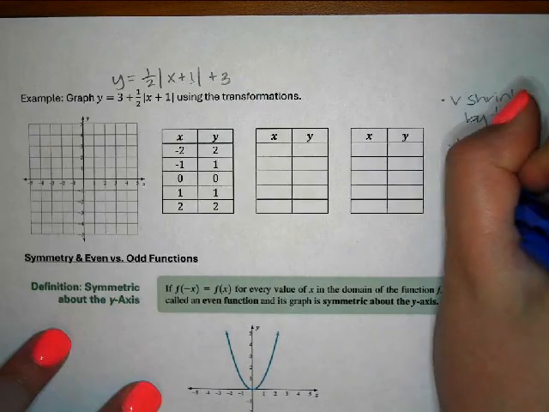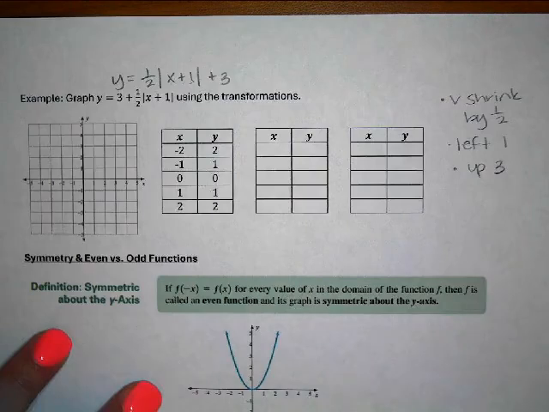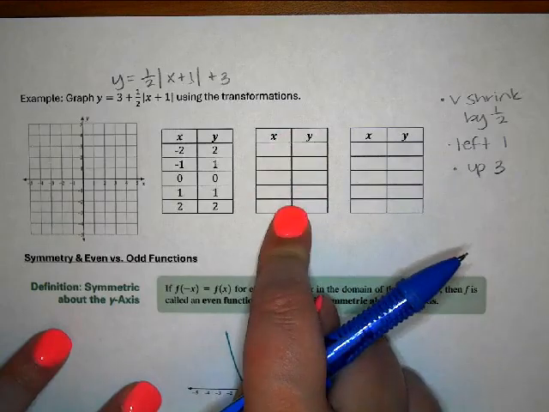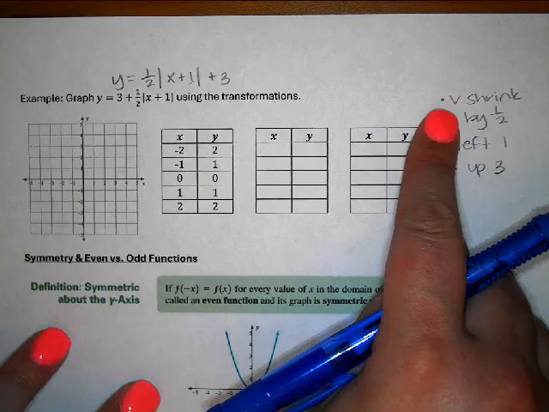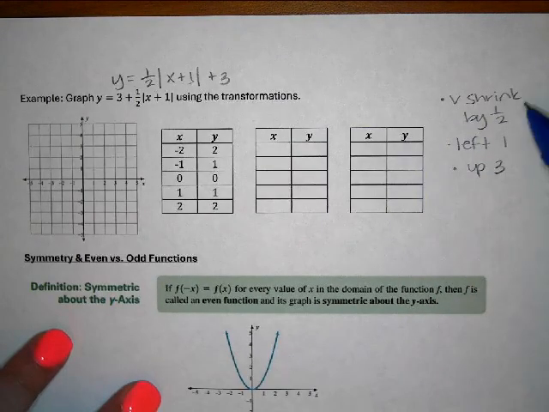Now we're going to do the transformations one at a time. So what I want you to do is use this table to do only one transformation. You're going to shrink the graph by half. Think about, should you do that to the x coordinate or the y coordinate, and how do you do it? Shrink the graph by 1/2. Go ahead and pause the video and try it. Okay, so to shrink the graph by 1/2, we're going to keep the x coordinates the same.